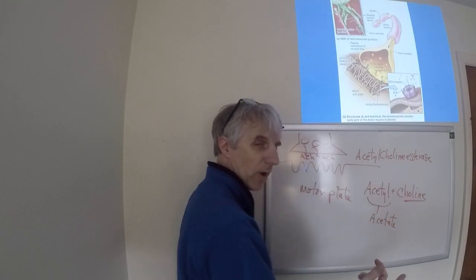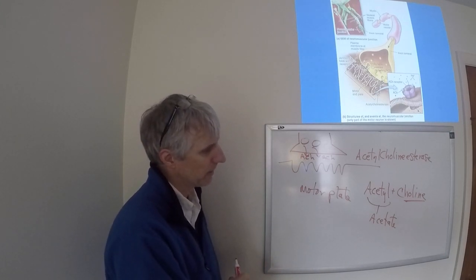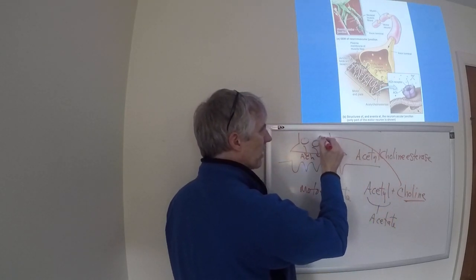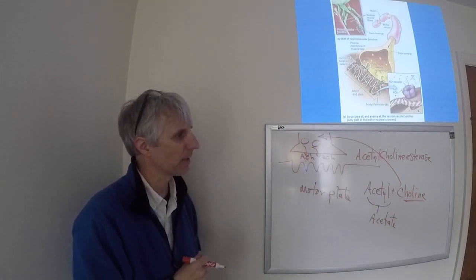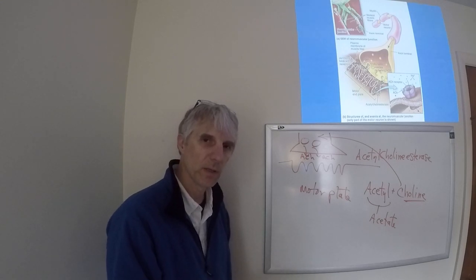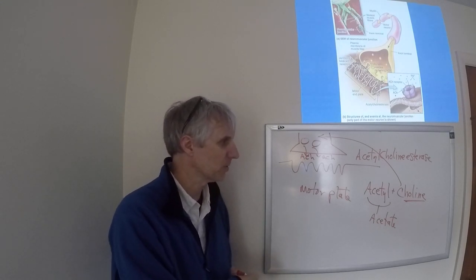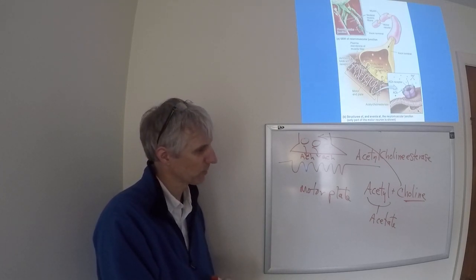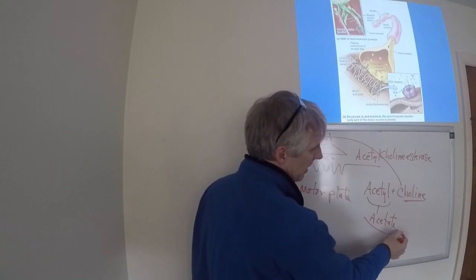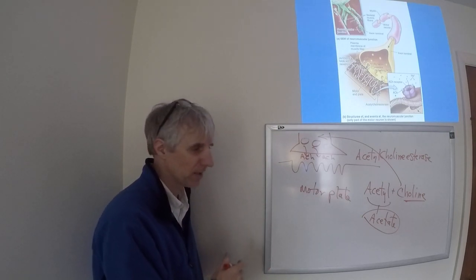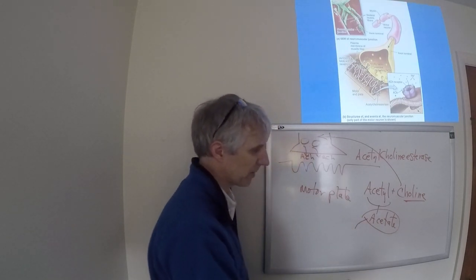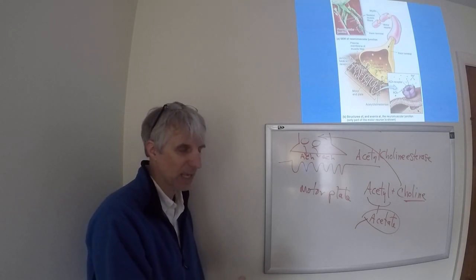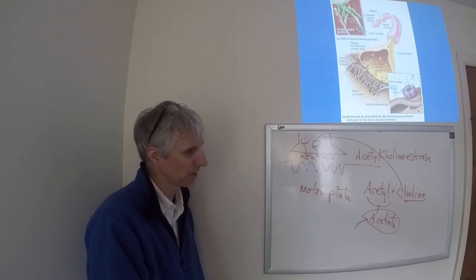The acetate derives from that acetyl group. The choline then gets recycled back into the neuron, and the neuron then rebuilds the choline back into acetylcholine by adding an acetate back to it. Okay? The acetate is not recycled back into the neuron. It ends up in the circulatory system, and that acetate can be metabolized for energy.